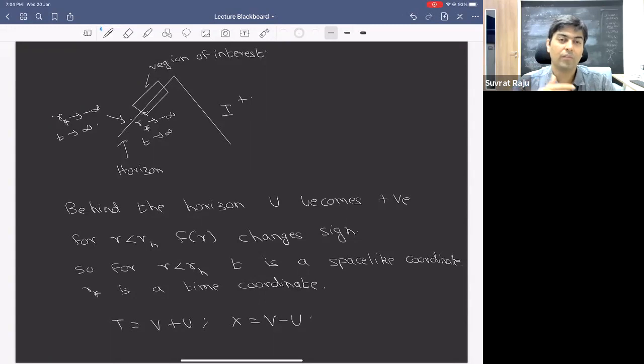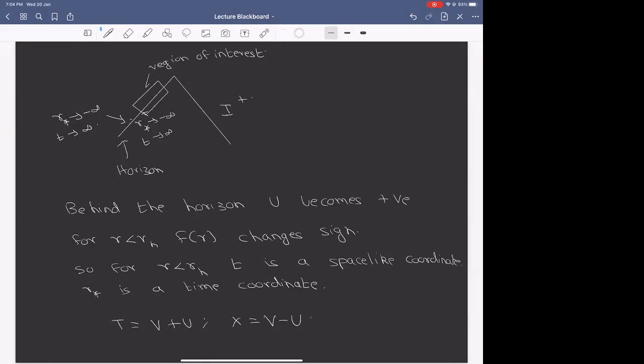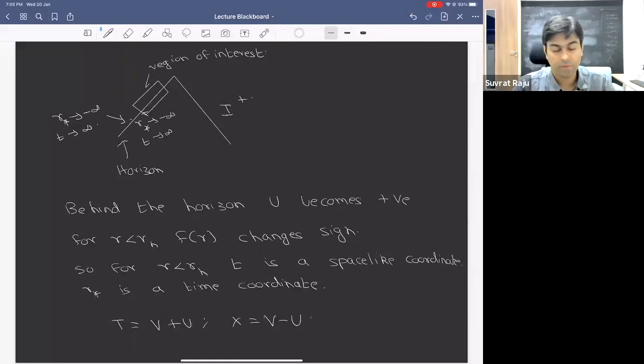If you look at the global propagation, then yes. Agreed. But again, there is no globally defined time-like Killing vector behind the horizon, right? Correct. This r star is not actually a Killing vector.